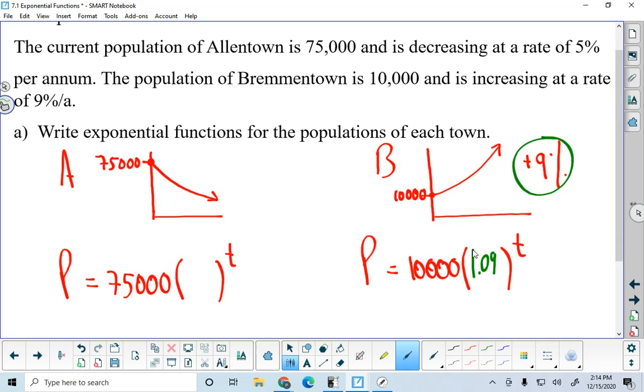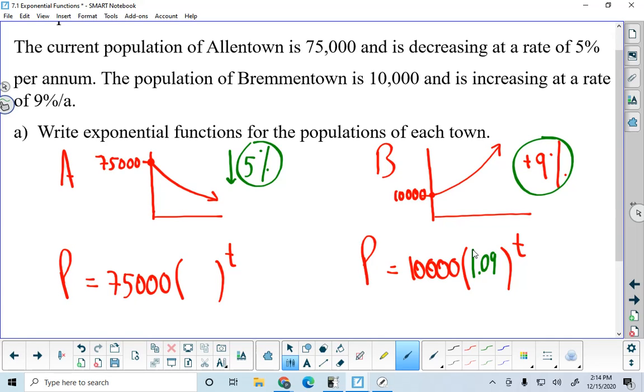Can anybody figure out if the population of Allentown is going down by 5% regularly, what base will we have in the exponential function? That means, what is the population being multiplied by regularly? Yeah, 0.95.